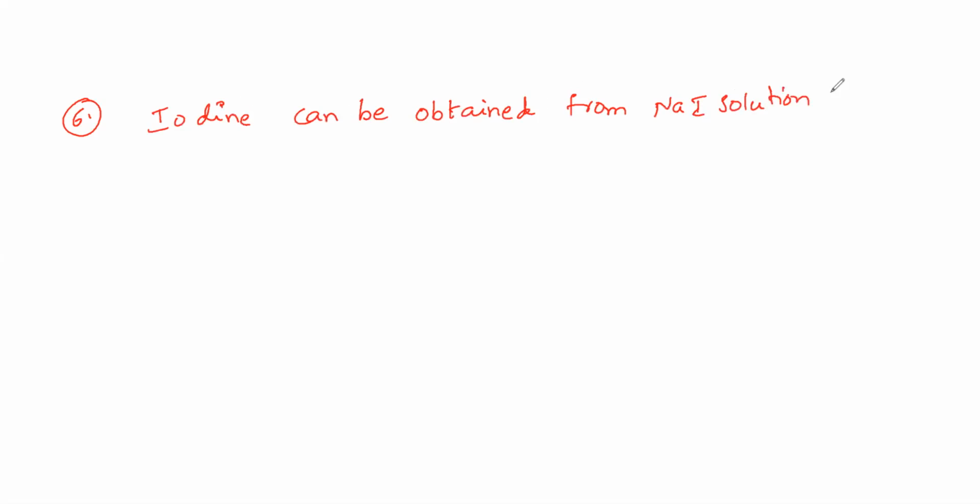Iodine can be obtained from sodium iodide solution by the action of... Theoretical questions only you'll get because it's inorganic chemistry, but it is more memorizing. So you have to remember all the equations.